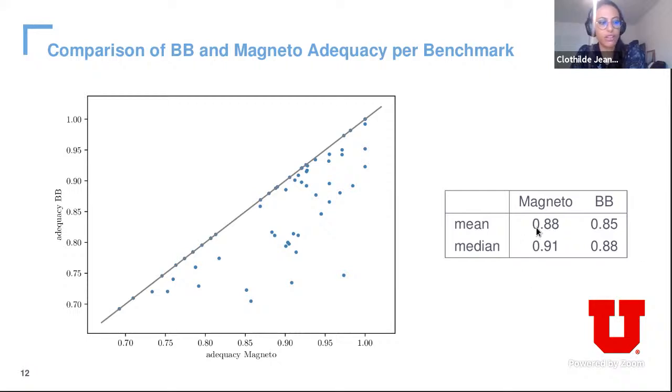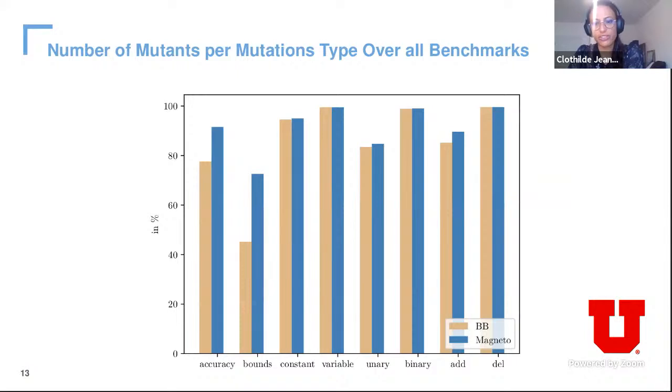So here we have 88% instead of 85%. And we can better understand these results by looking at the adequacy score of the old benchmarks per mutation. We see here that Magneto performs very well on the accuracy and the bounds mutations, but they only represent 7% of the total number of mutants.